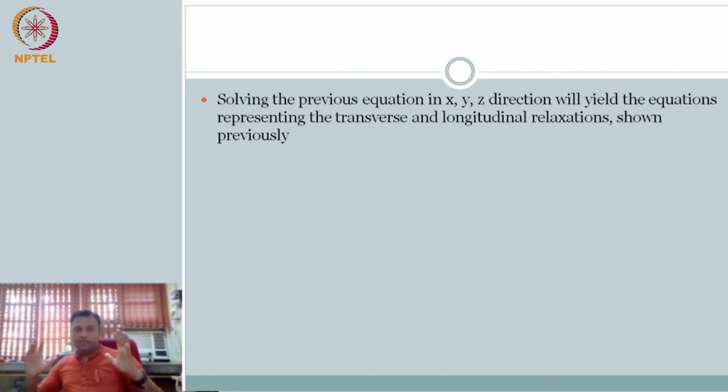I hope with this we actually complete the understanding of the signal origin, what it is that we are recording, and how the recorded signal changes. The changes in the signal are due to the physical properties that we are going to go after: T2, T1 and proton density.